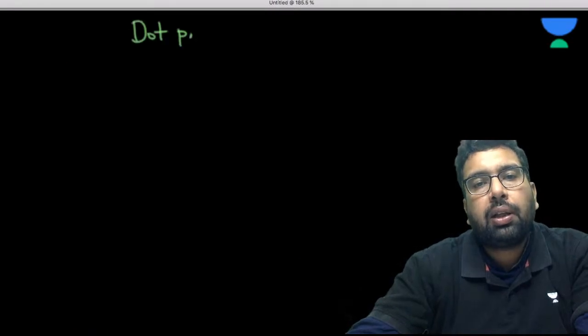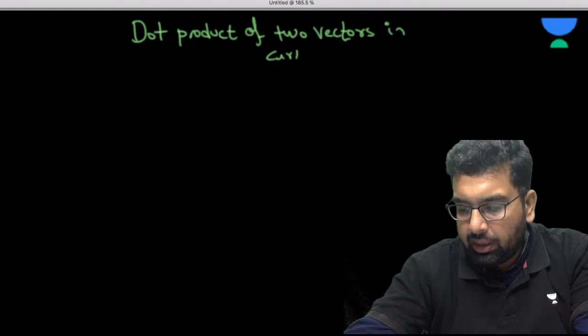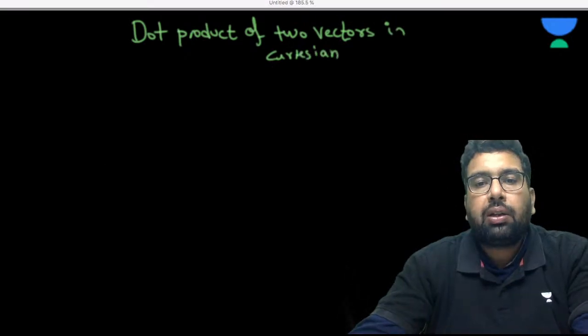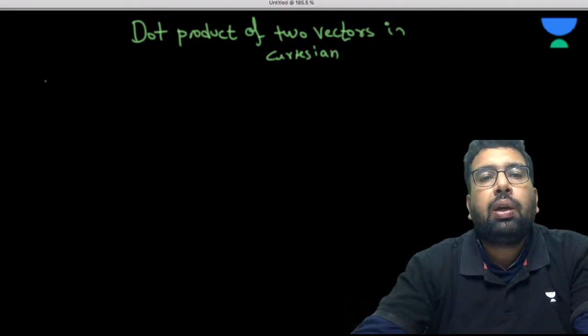Right, now let us give it a heading: dot product, a very simple and very useful concept. The dot product of two vectors in Cartesian form. If two vectors are given to us in the Cartesian form, what is going to be their dot product?